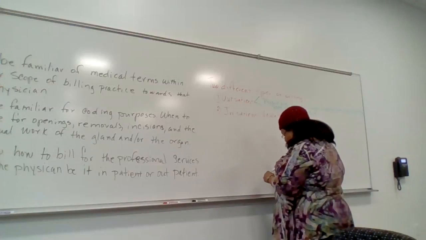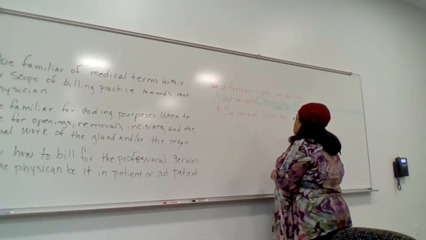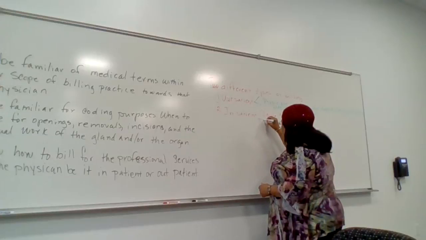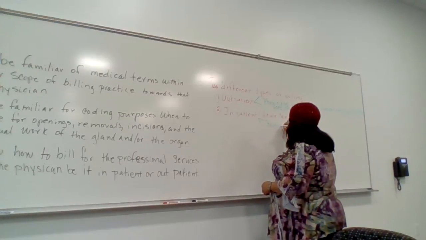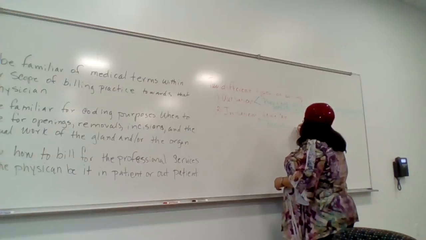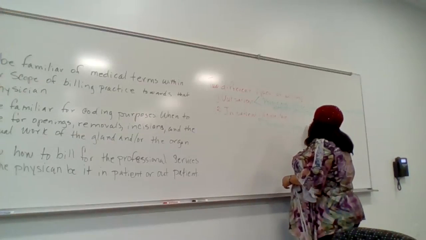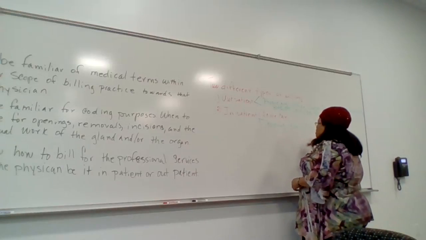All right, now, for acute care, they use what they call revenue codes, okay? DRGs, which is diagnosis related groupings.